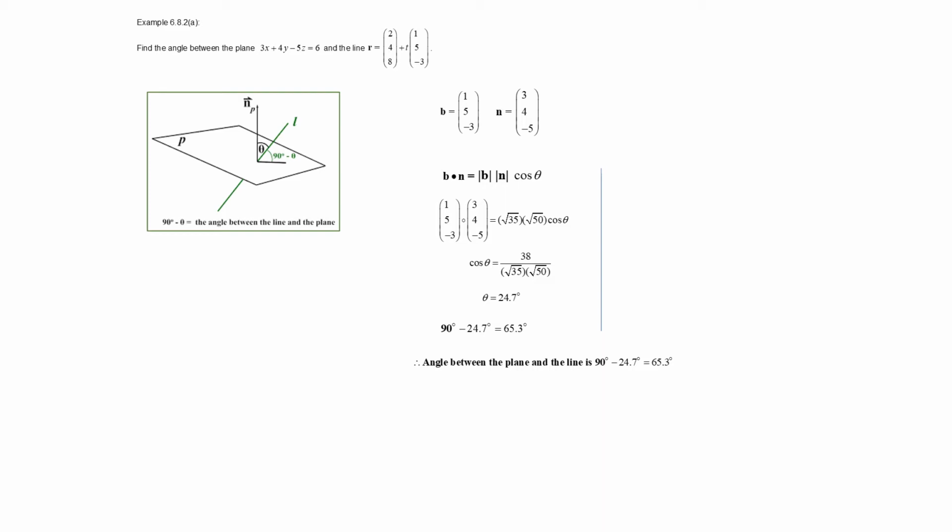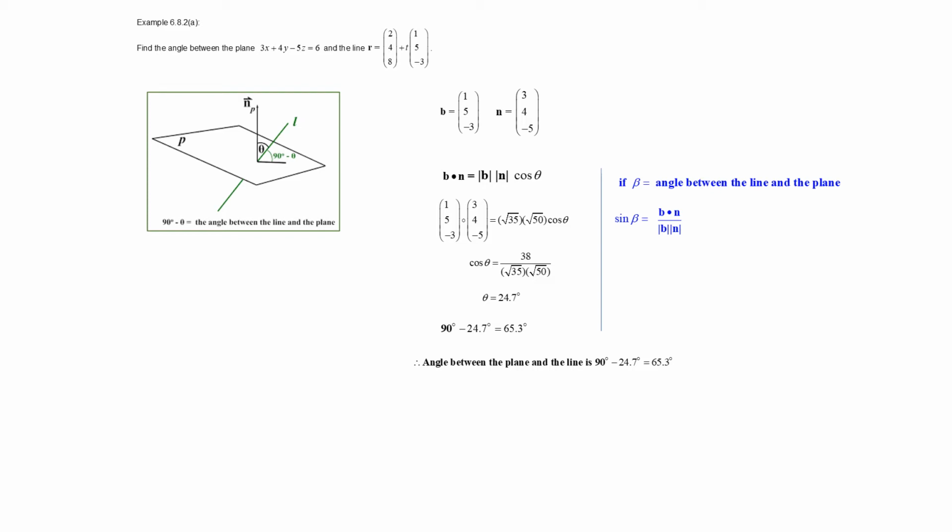Another method, if you refer to our textbook, is: if beta is the angle between the line and the plane, then sine beta equals cos theta. So straight away they use this relation.